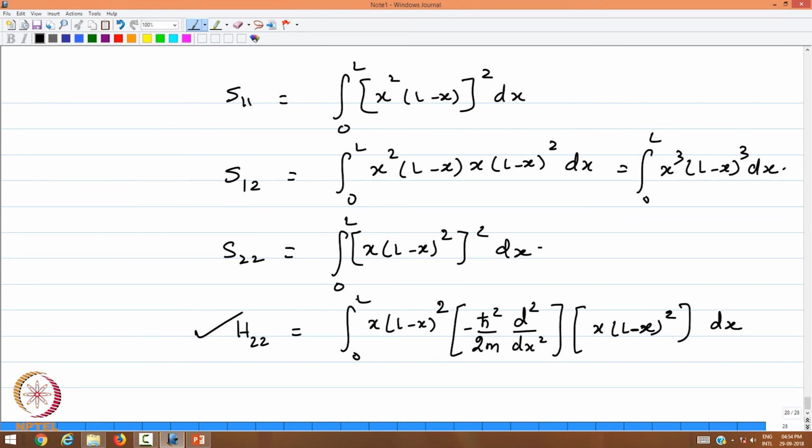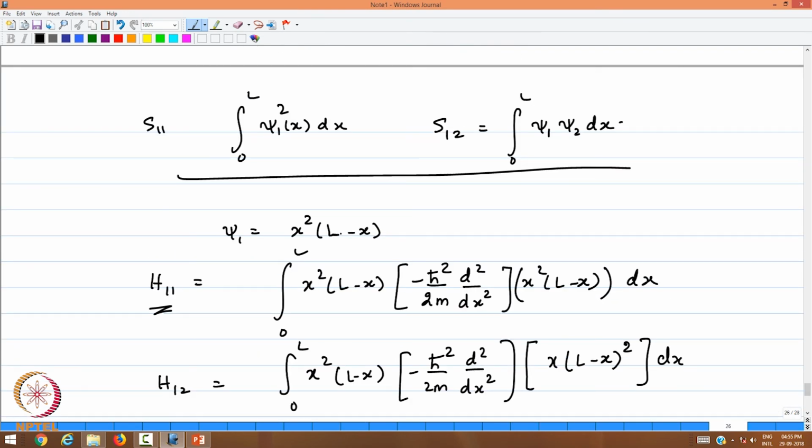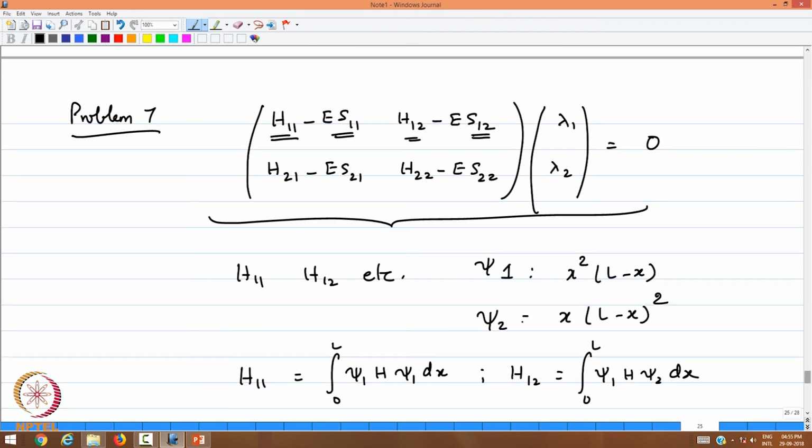So, we can calculate all these things, they are very simple integrals. You have to just sit down and do the algebra, they are elementary integrals. The derivative on polynomials is so easy to calculate that it is possible for you to calculate all these things, S11, S12, S22 and H11, H12, H22, and you simply substitute that in this determinantal or Hamiltonian matrix and take the determinant to be 0, you get two answers for E.